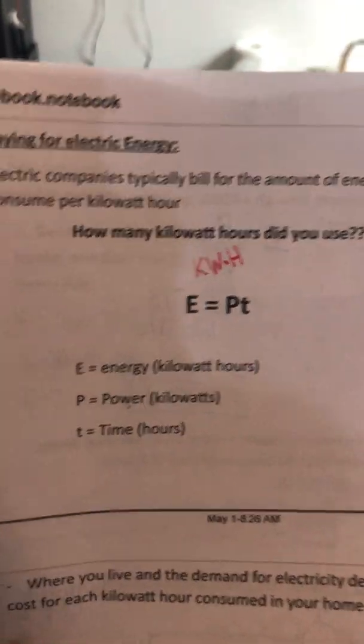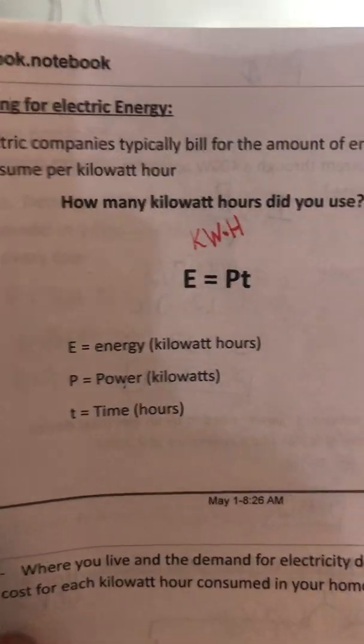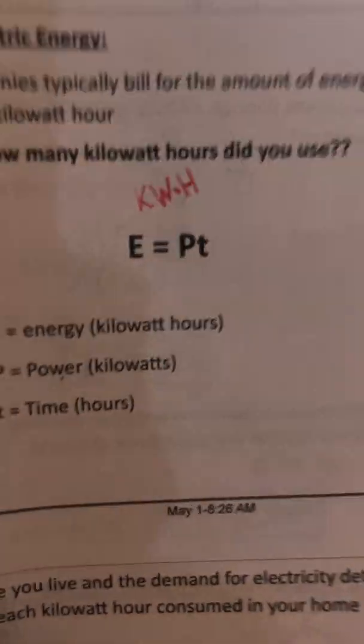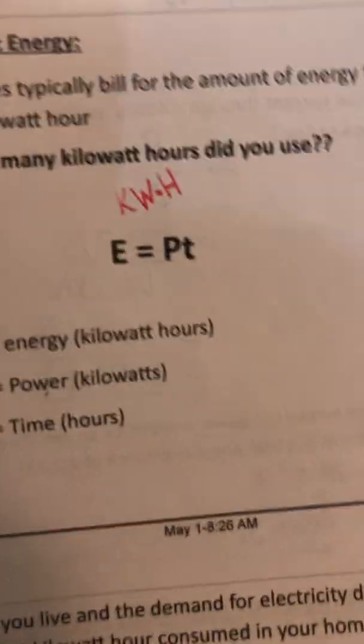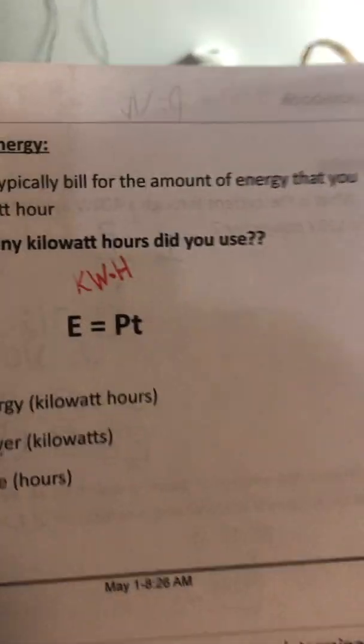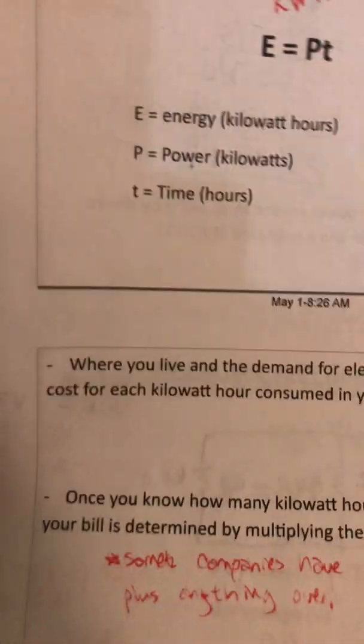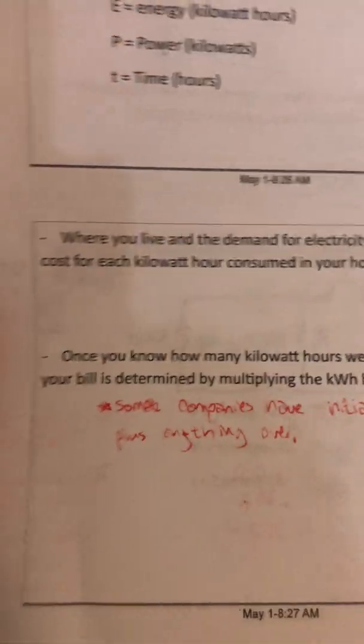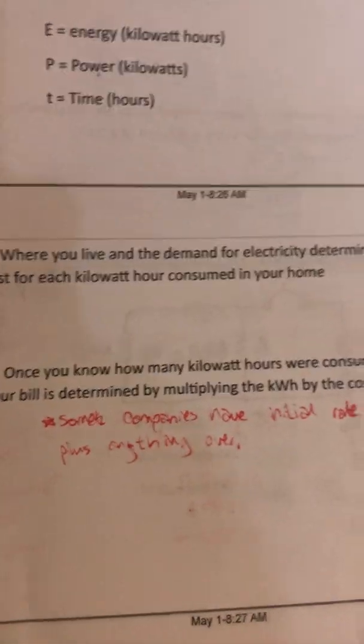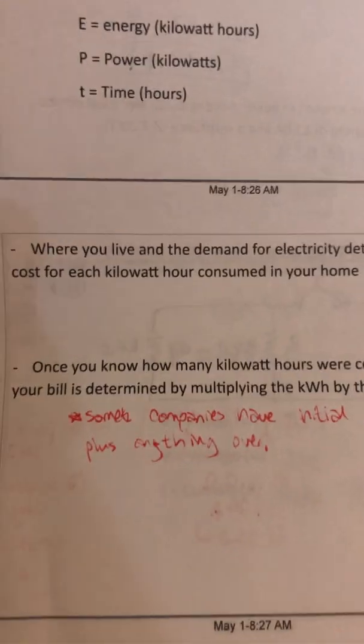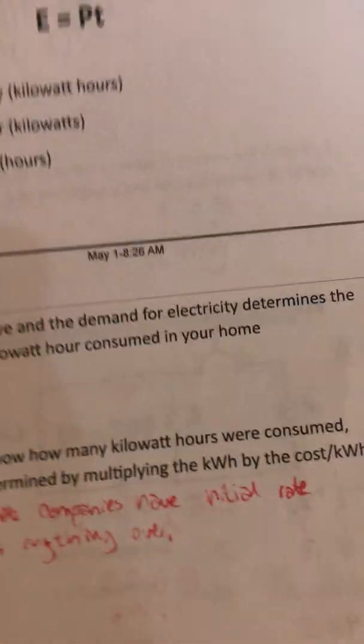All right, so looking at energy in terms of kilowatt hours, E equals Pt, and again, we're looking at kilowatt hours, which is the unit that you often see when you're looking at appliances. Where you live and the demand for electricity determines the cost per kilowatt hour consumed in your home.